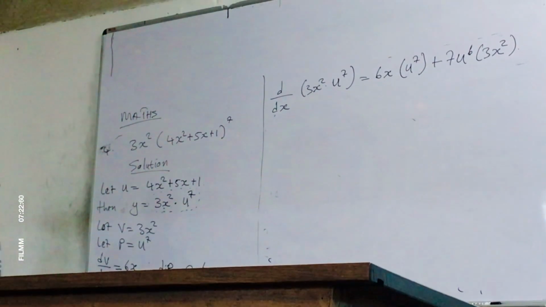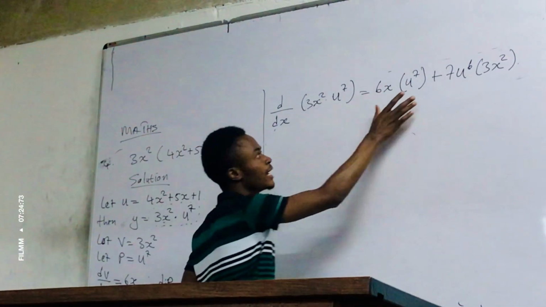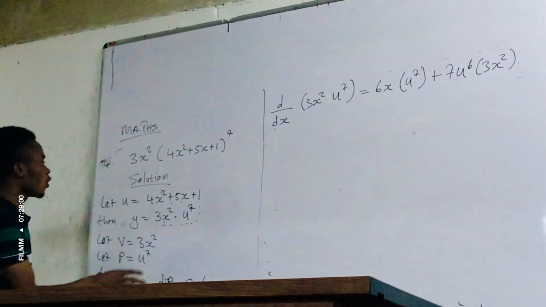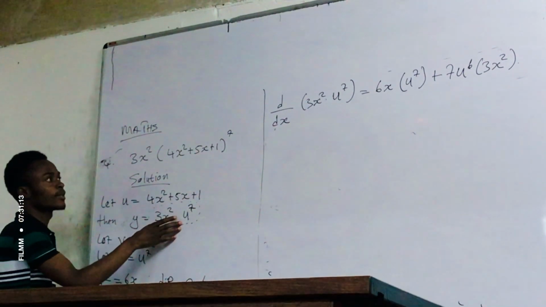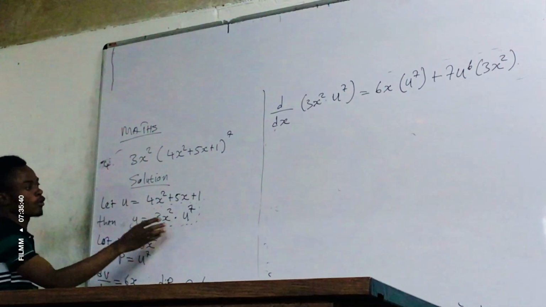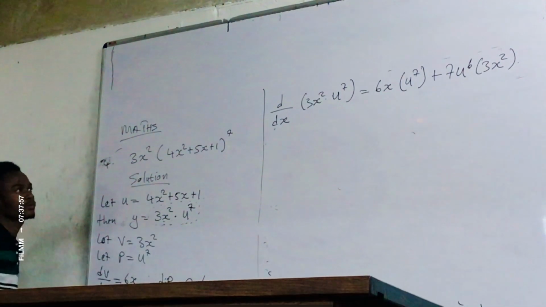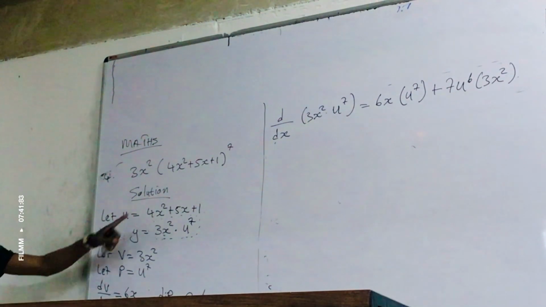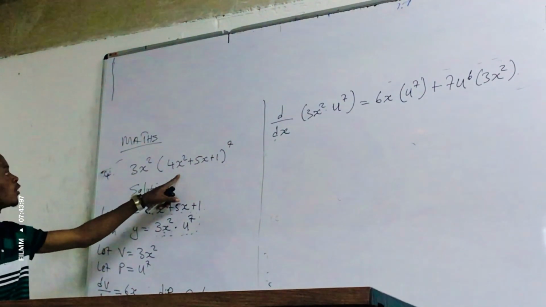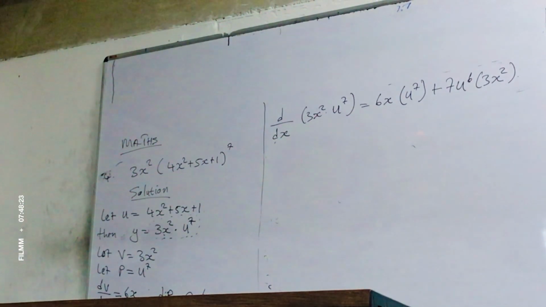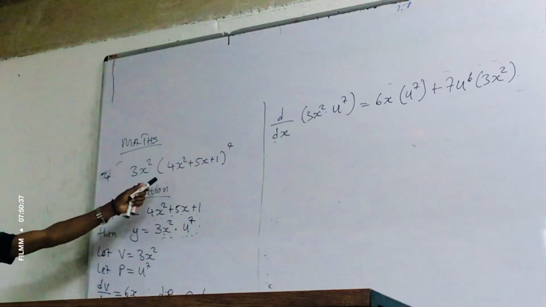So this guy is the derivative of that. That guy is the derivative of that. What are we supposed to do next? Let's find the derivative of that part.